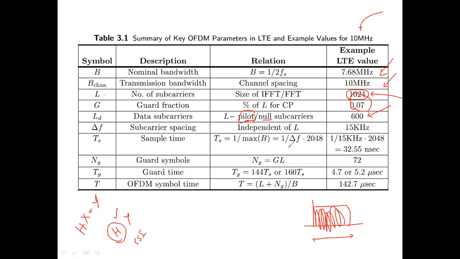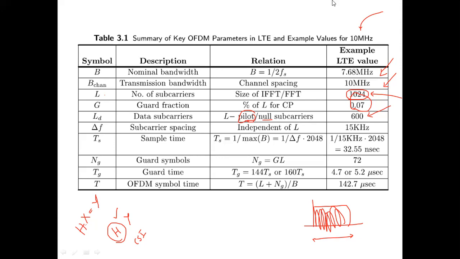So out of the entire data you are sending, you send in between the known sequences which allow you to estimate the channel behavior. Pilots are those known sequences which are added in the symbols, so that at the receiver, before you start receiving the actual data, you can estimate the channel behavior from this known symbol.